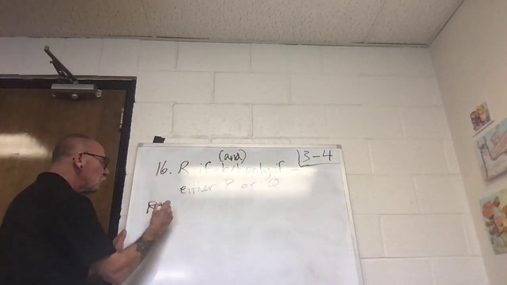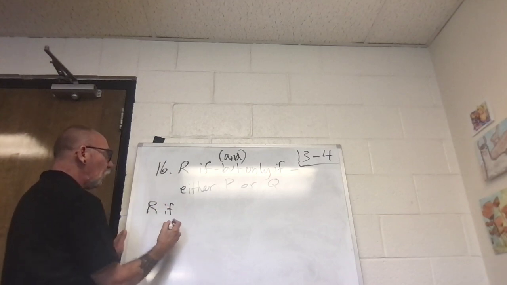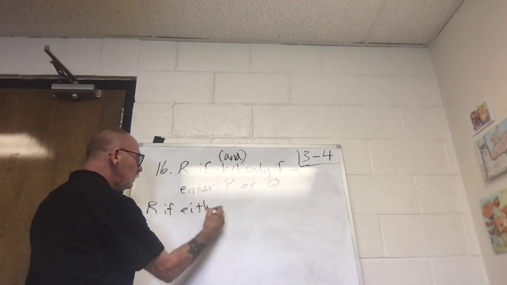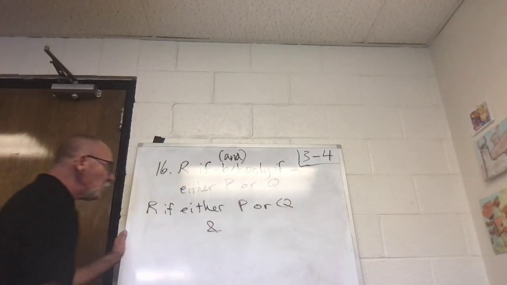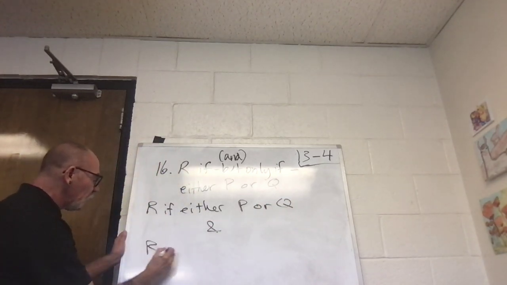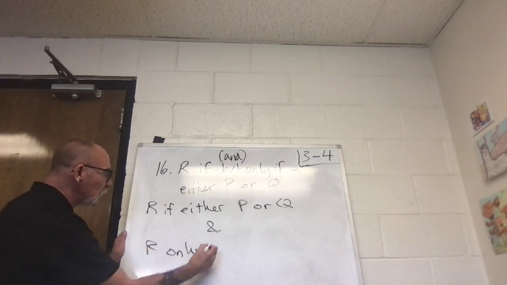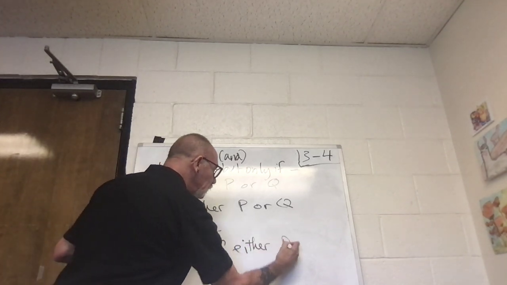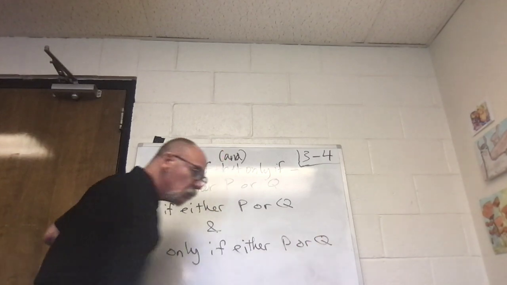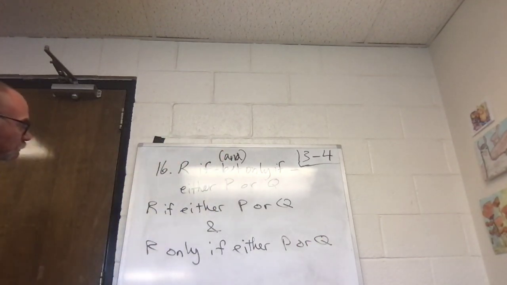Let me kind of spell something out here though. One is going to come from R if either P or Q. We're going to overall have a conjunction. And then our other conjunct is going to come from R only if either P or Q. Okay?